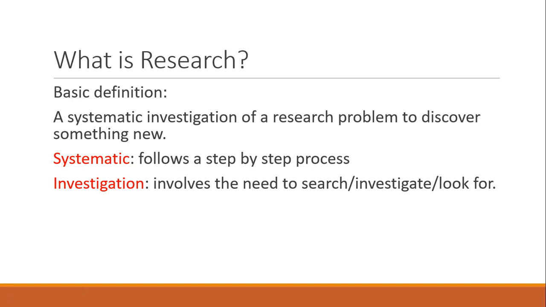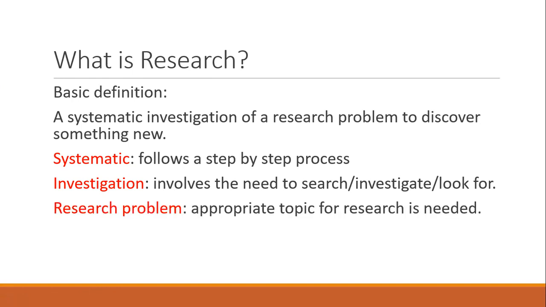The third key term here is that it's a research problem. So what do we research? We research on a topic, on an issue. We need to be able to choose an appropriate topic for which research is needed. So you're not just going to take any random topic.